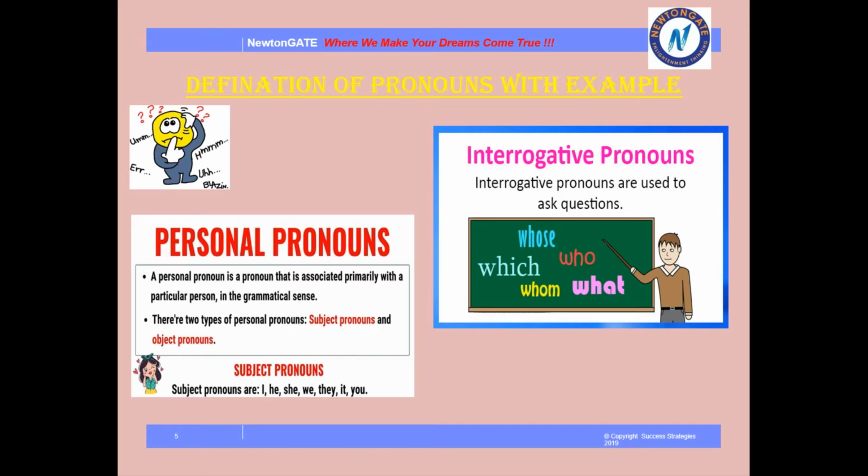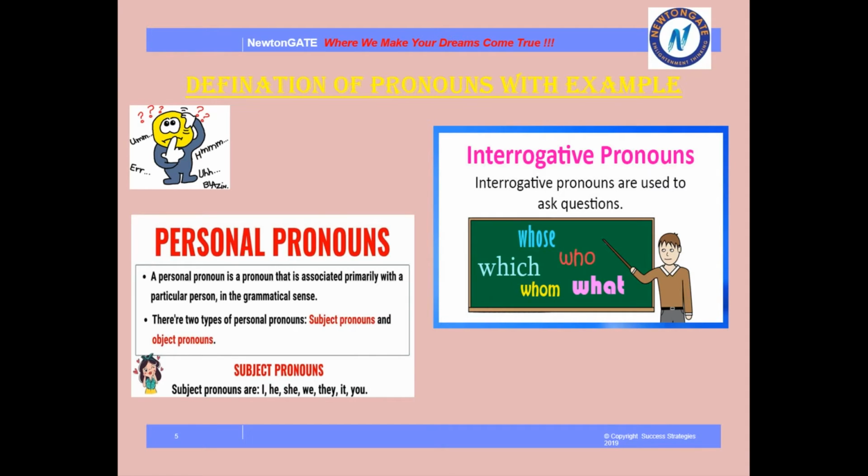Now, personal pronoun. What is a personal pronoun? A personal pronoun is a pronoun that is associated primarily with a particular person in the grammatical sense. There are 2 types of personal pronouns, subject pronouns and object pronouns. See the examples in subject pronouns: I, he, she, we, they.